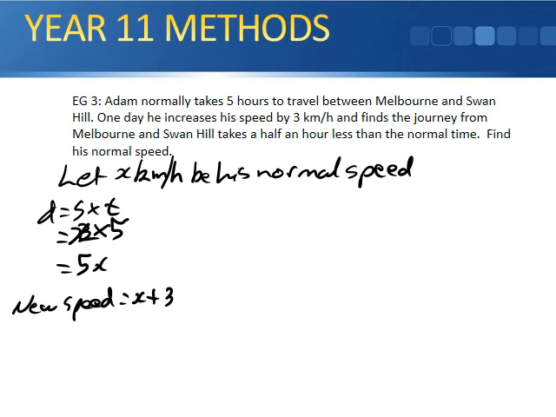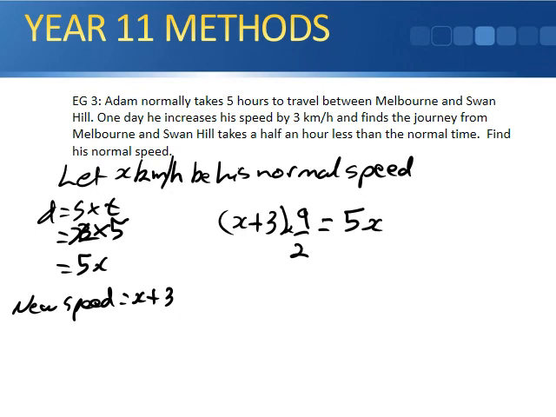His normal time here is 5 hours, so half an hour less is 4.5 hours. But I'm going to write that as 9 over 2. So we've got x plus 3 is his speed. His time is 9 over 2. So we're timesing that by 9 over 2. And that will equal his distance, which is 5x.